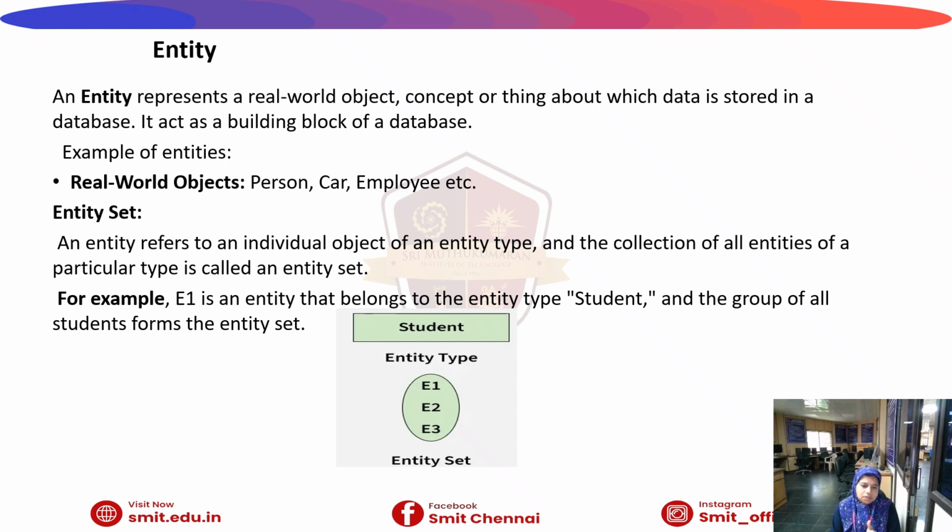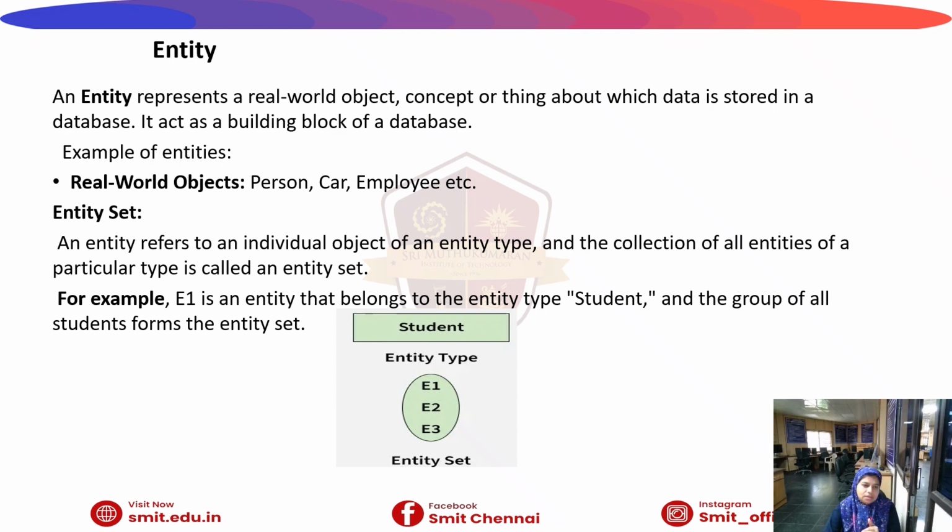For example, a student entity type may have an ID card, roll number, father name, age, and date of birth. These together form one entity.